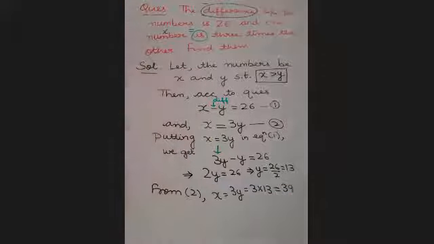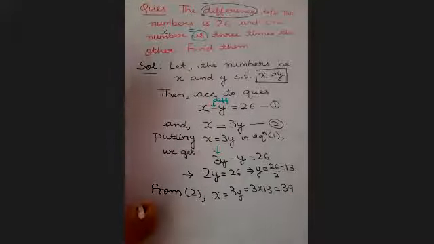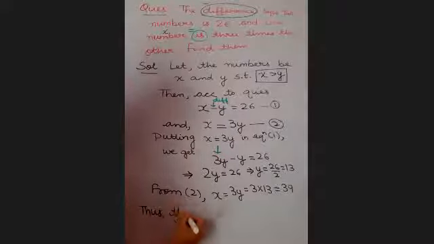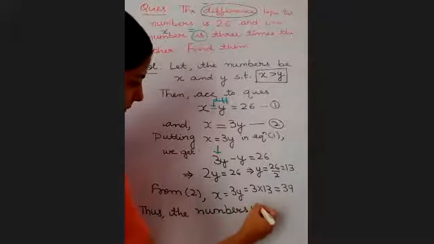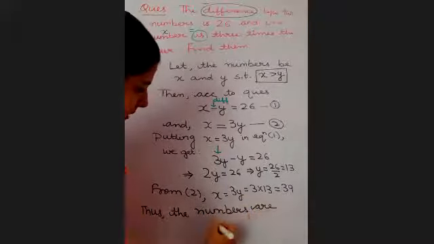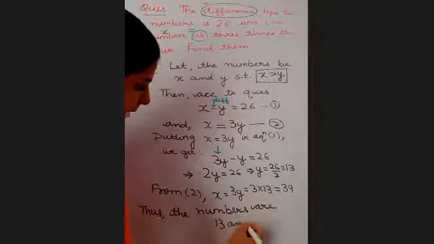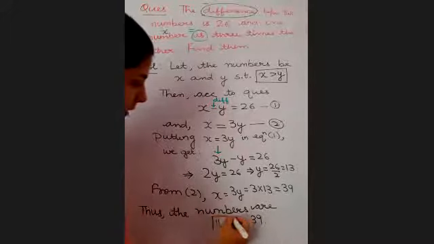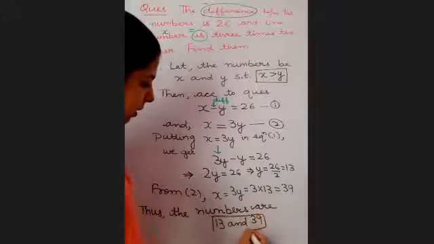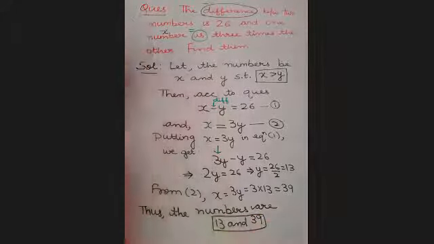So you have to put the final statement. Thus, the numbers are 13 and 39. You can cross check. 13 into 3 is 39, and also 39 minus 13 is 26. Okay, beta?